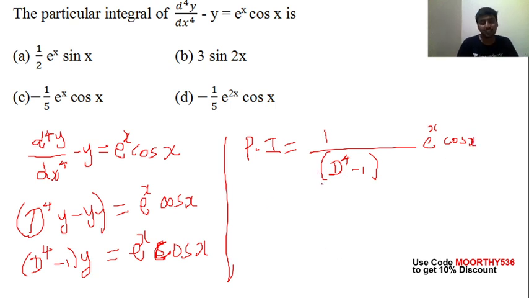Here we are converting this term into a different form, using a square minus b square, the whole square, and a square plus b square.